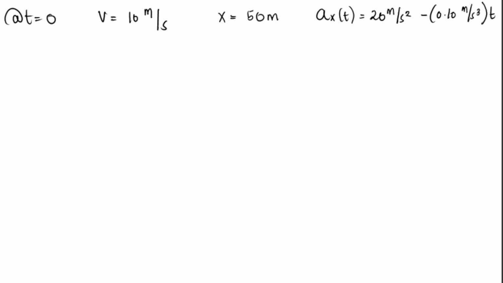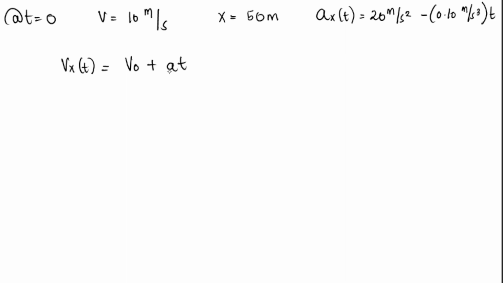If we are going to find first the velocity with respect to time, v_x of t, we have to use the equation v naught plus at. Am I right?